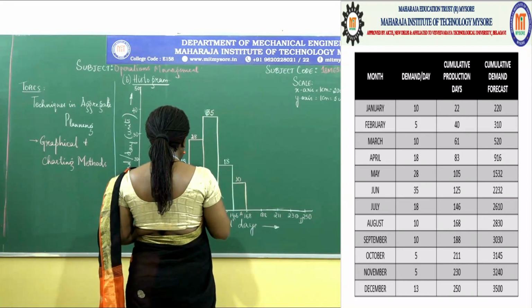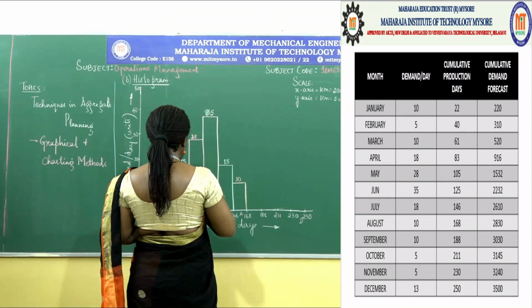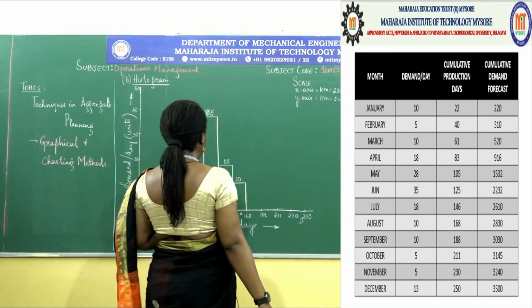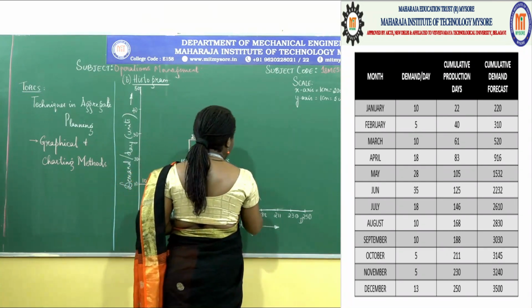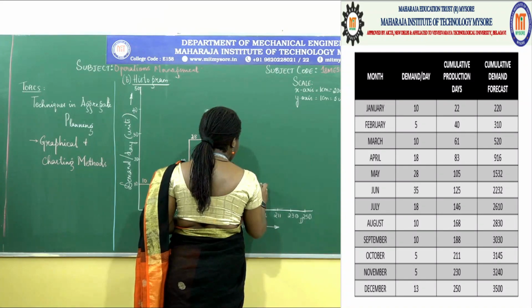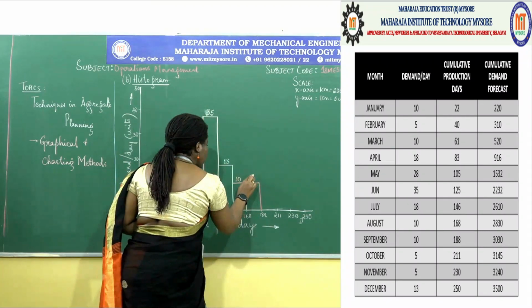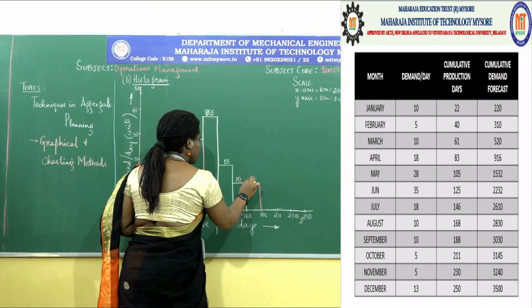September has a demand of 10 units as well and 188 working days. So this is the way you plot the histogram.